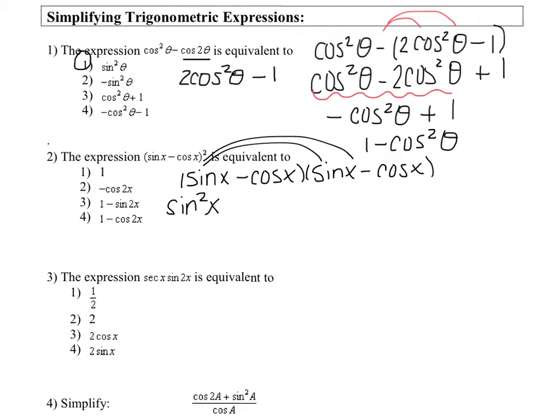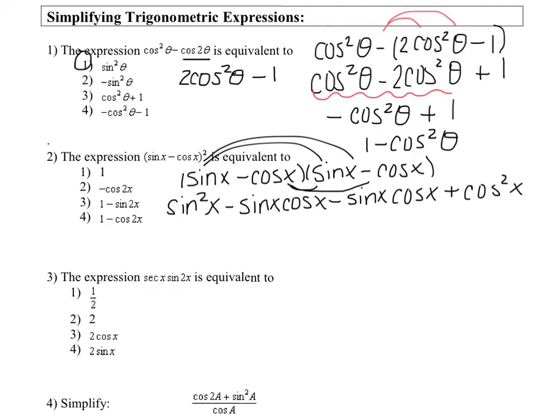Sine times negative cos is negative sine x cos x. You just write them next to each other. Negative cos x times sine x is negative sine x cos x again. I can rewrite it putting sine first. It's multiplication, so that's okay. Negative cos times negative cos is a positive cosine squared x.